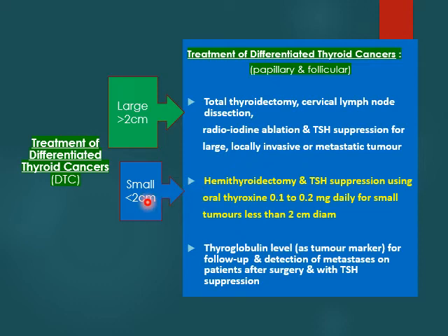So these are the two groups of tumors, and in both groups, thyroglobulin level is used as a marker for the follow-up of these patients after thyroidectomy or radioablation, and also for the detection of metastases in patients after surgery and with TSH suppression. So for this, the TG levels are used for follow-up.